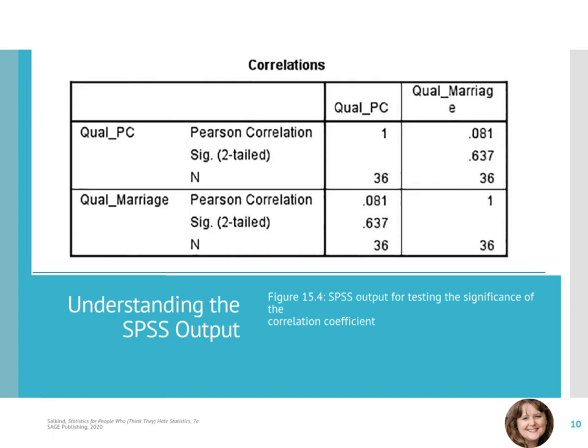So of course that's also not going to be significant. Anything close to it. Do pay attention. One mistake students sometimes make with this is that they'll swap the significance and the Pearson correlation when they transpose them over onto their data, and they'll put that the correlation was 0.637 and the significance was 0.081, because you kind of expect those numbers rather than this. So do watch and make sure you are careful with this data.